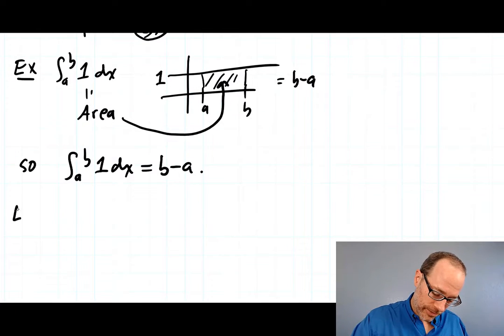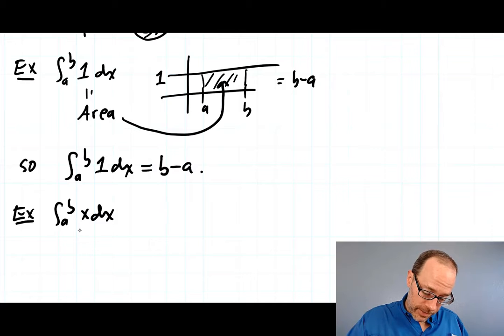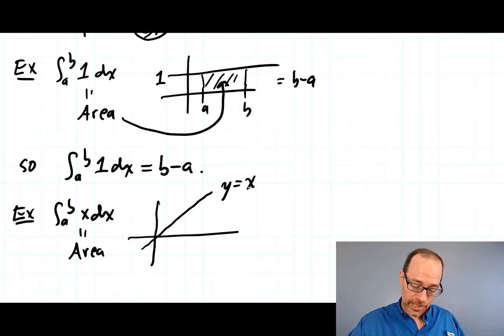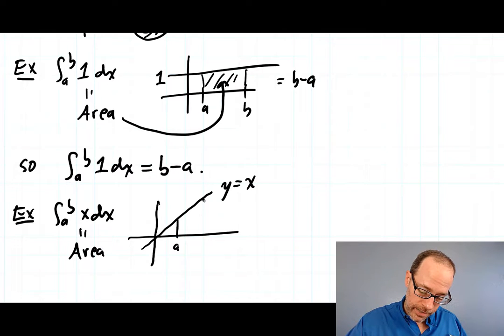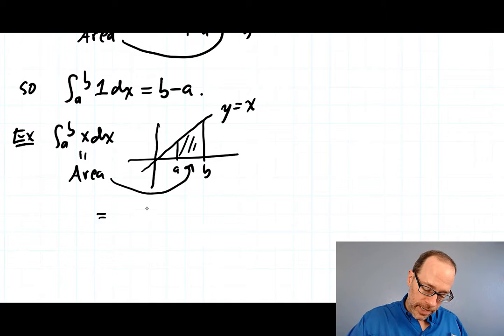Let's do one a little harder. The integral from a to b of the function x dx. Well, how am I supposed to do that? This is supposed to be an area under a graph, so let's graph it. This is the function y equals x. So it's a 45-degree line, and we're supposed to go from a out to b and calculate that area, and that should be the answer. You can think of that area as the area of that bigger triangle minus the area of the small one.